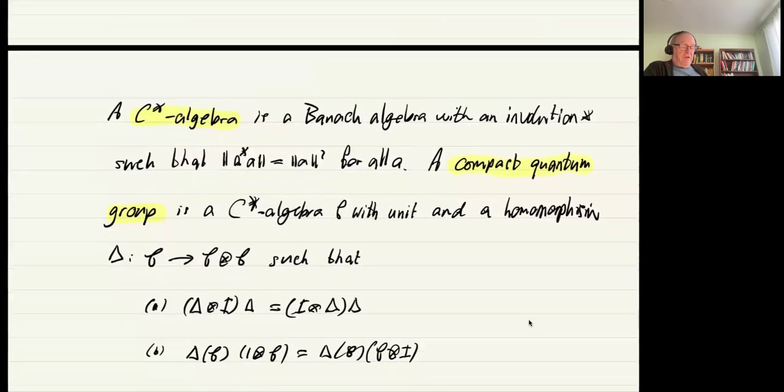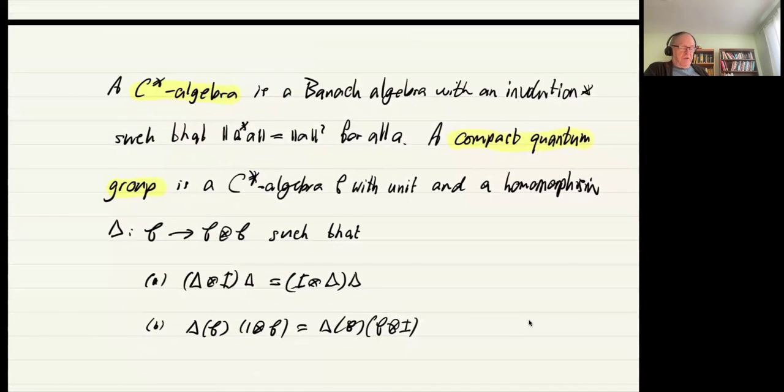And so a C-star algebra is a Banach algebra with an involution which satisfies this condition. And what this tells you, if you do enough work, is that the involution and the norm are closely connected. Okay, so there's a strong connection between the norm and the involution.